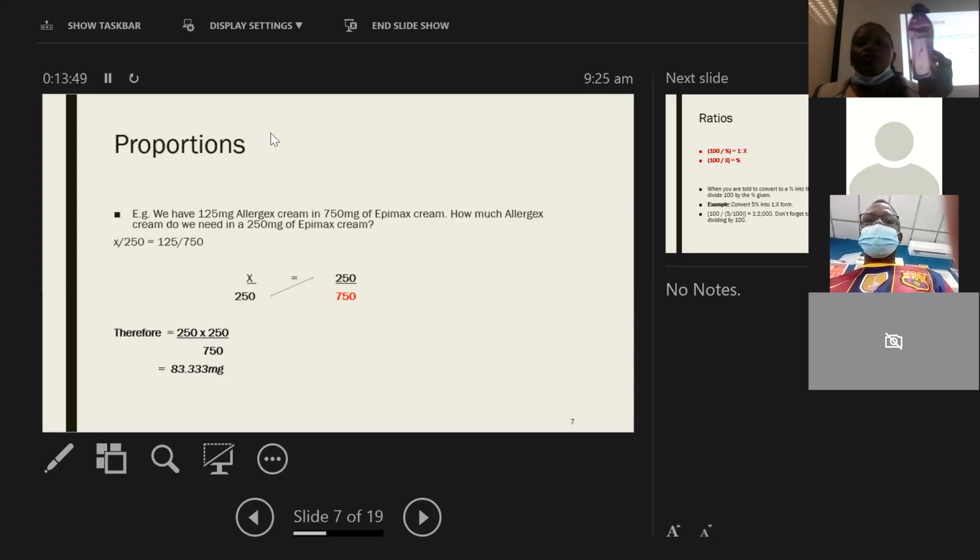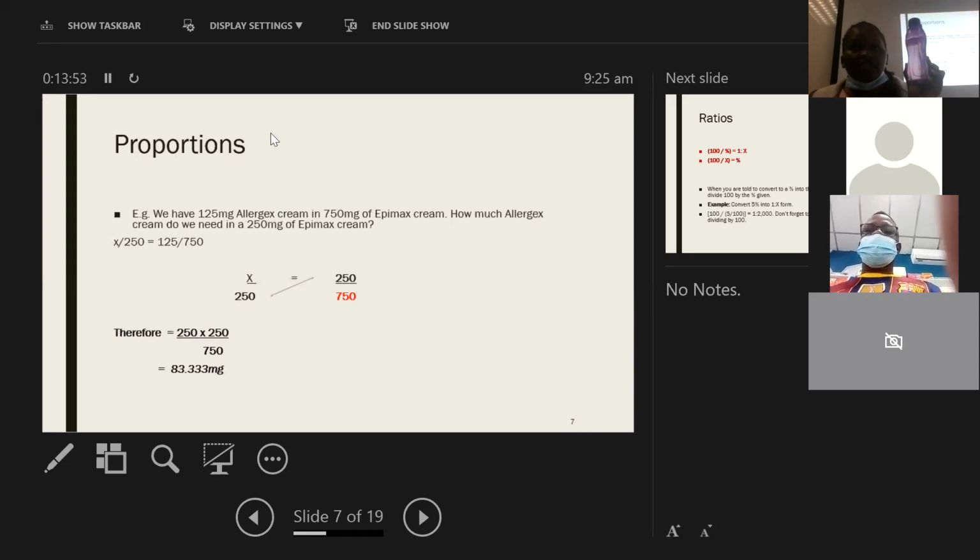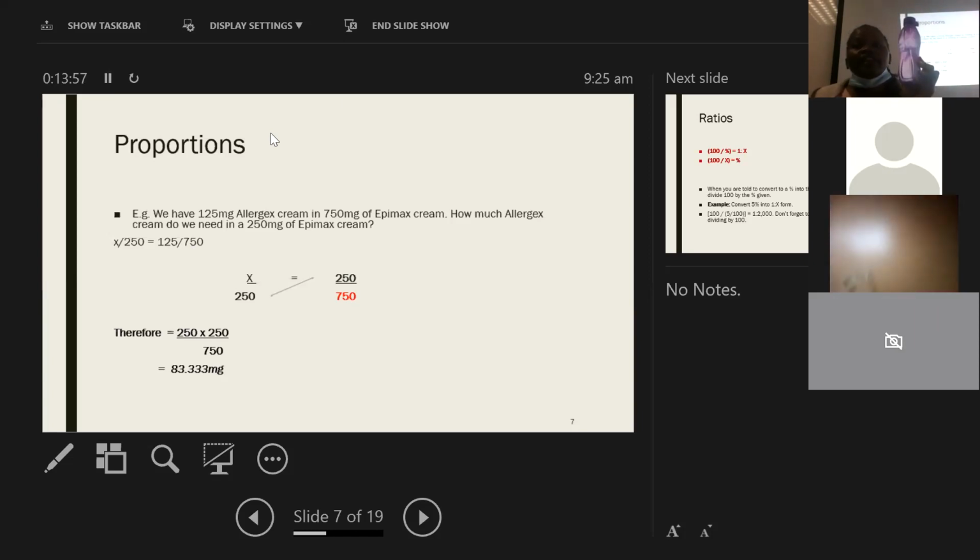Okay, so let's say this bottle is your 750 of Epimax, right? And in this 750, you've got 125 Allergex. But now you get a smaller bottle of your Epimax, and you need to put Allergex in here as well. Obviously the Allergex that you put in the first one was a lot more because this bottle was a bigger quantity.